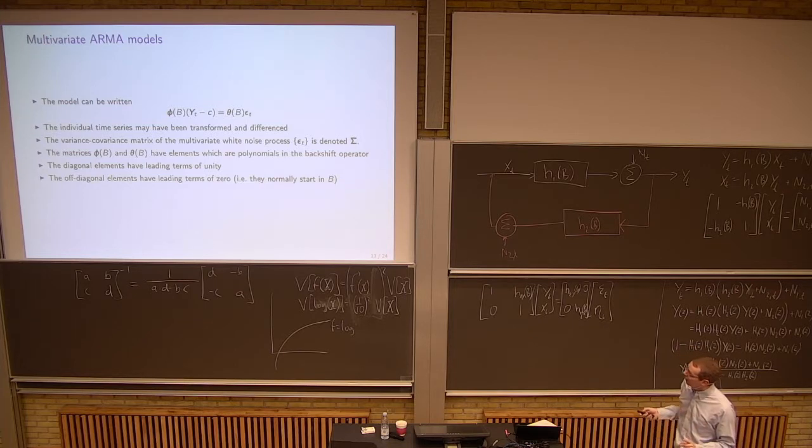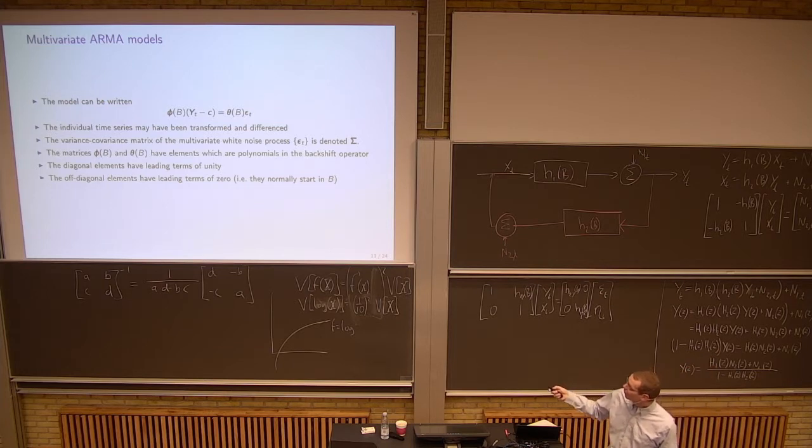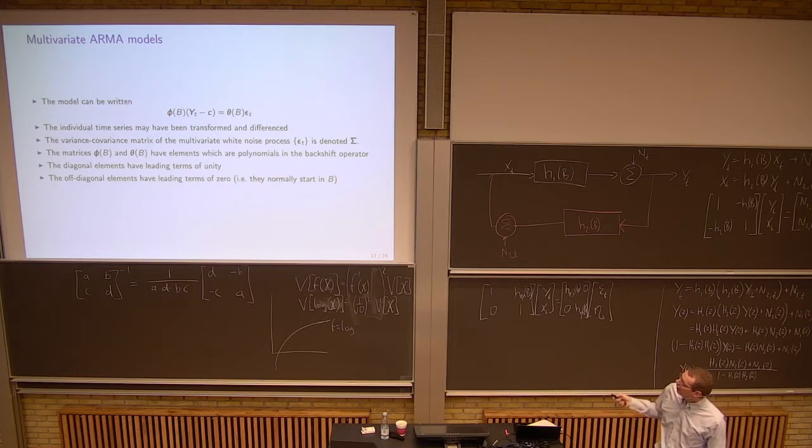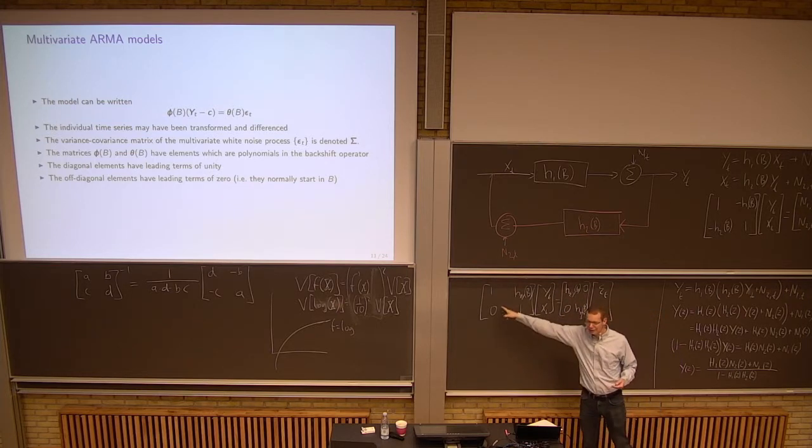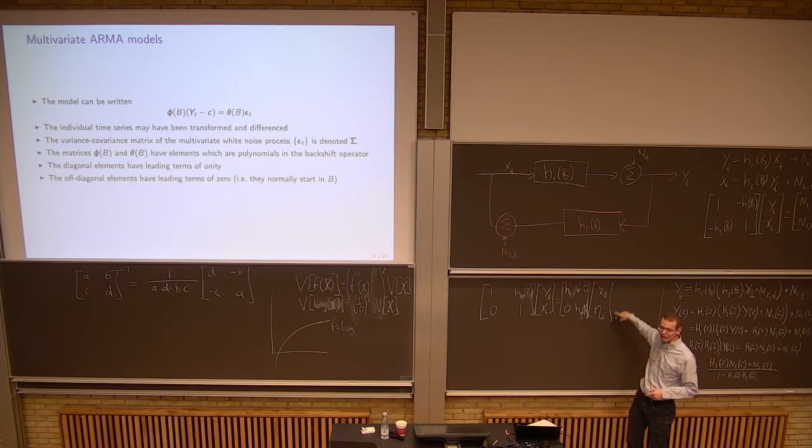Okay, and these polynomials up here, of course, have elements that are polynomials in the backshift operator. I'll show you that again. The epsilon noise here has a covariance matrix again that may have correlation in it, as said before. So you can do things by placing things out here. That gives you correlation effectively in the output, or you could say that these have correlation.